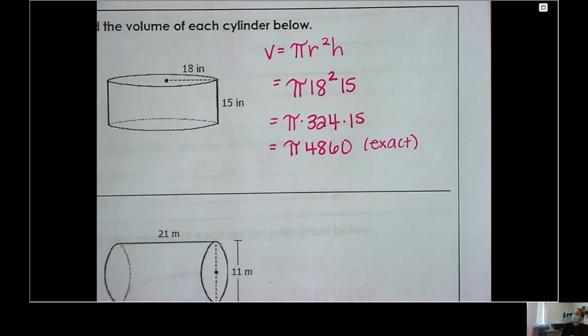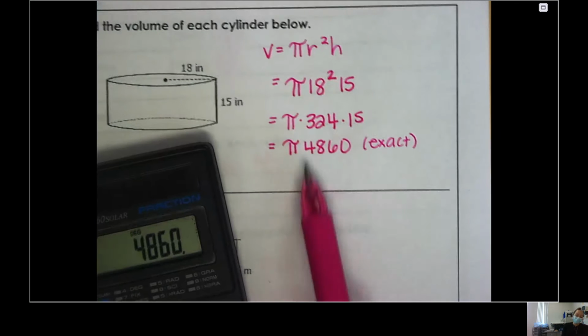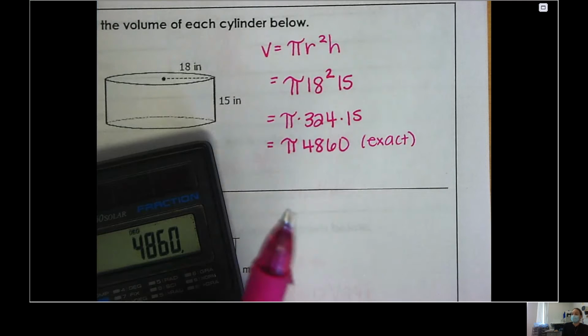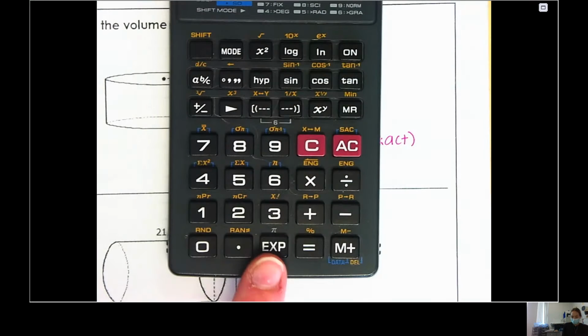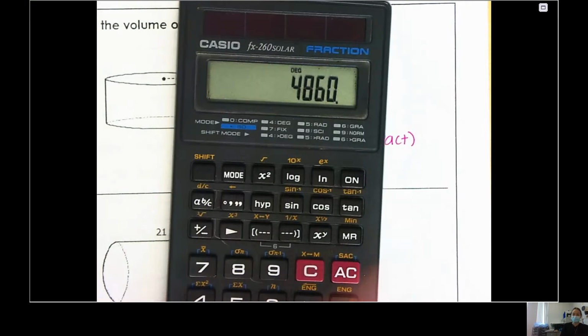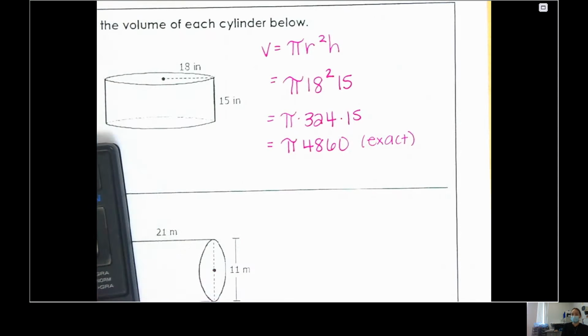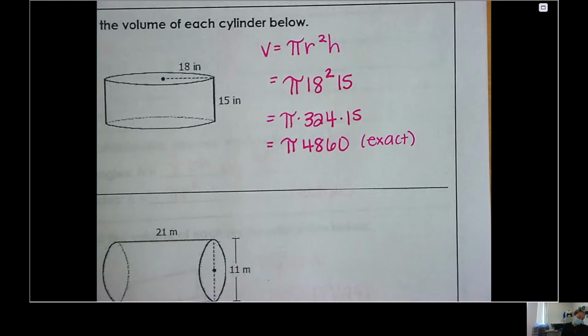So if you're going to put this into your calculator, you're going to put 4,860 times pi. And if you're using these calculators, pi is this button down here that says EXP. So put it in your calculator. Let's see if we get the same answer. What number did you get?